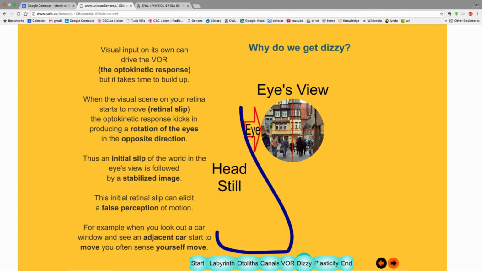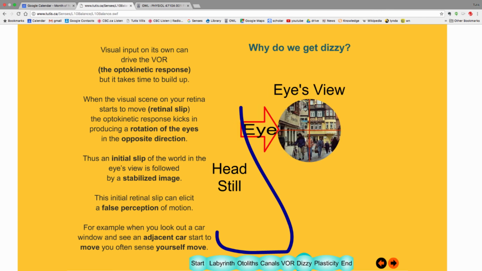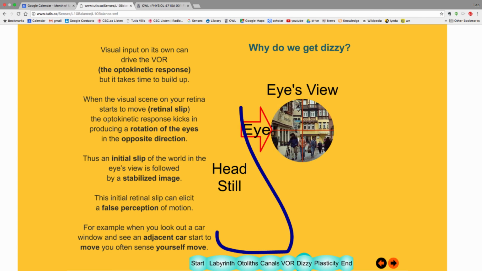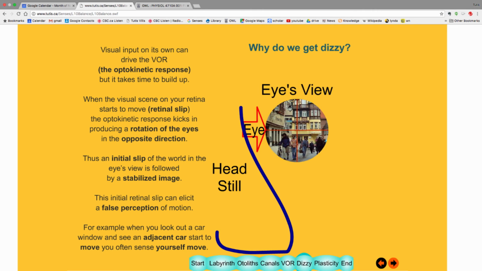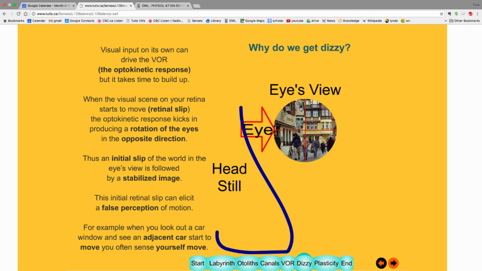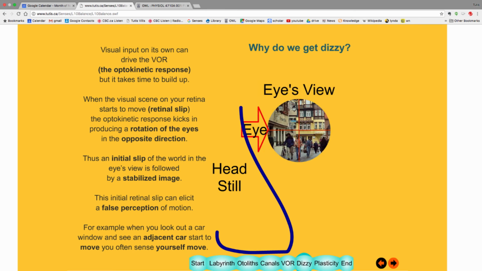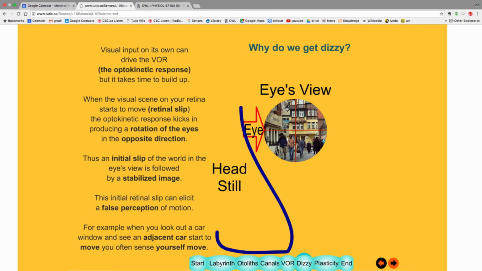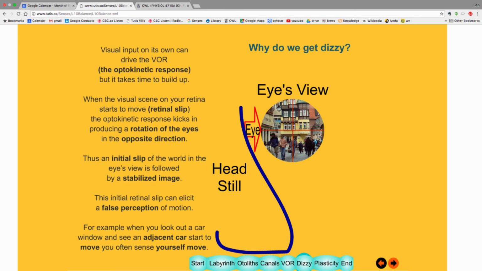So the optokinetic system helps the vestibular system. So it stabilizes the image, but it doesn't do it quickly. It takes some time to stabilize the image.